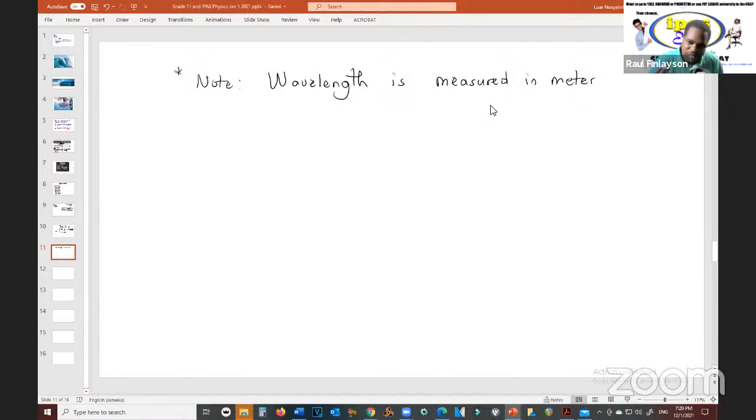But the wavelength of a wave can be seen. So believe it or not, it can be seen and it can also be heard. That's the beauty of wavelength. So the wavelength is measured in meters.